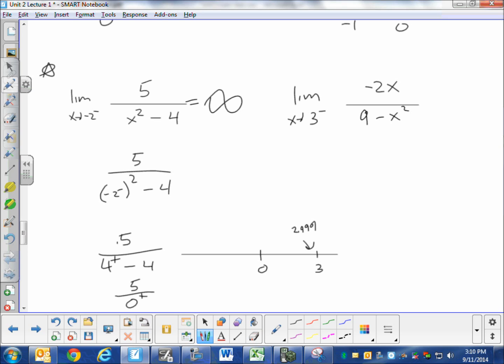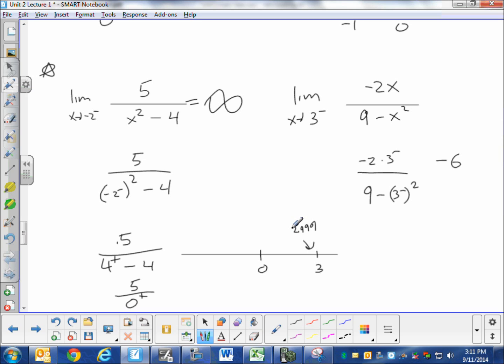All right, Mr. Bonner, did you get it? What did you get? Good. This is -2 times 3 from the left. That ends up being -6, but I don't care if it's from the left or from the right. 3 from the left squared is a number that is less than 3.